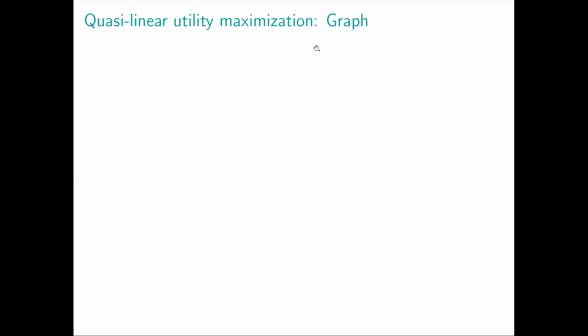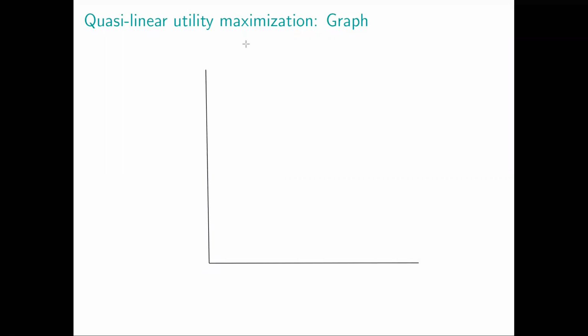So suppose we just want to look at a quasi-linear utility maximization graph. Again, we'll put good 2 on the vertical axis and good 1 on the horizontal axis. So here's good 1, and here's good 2.